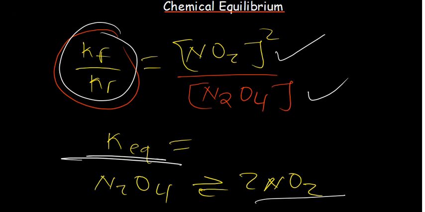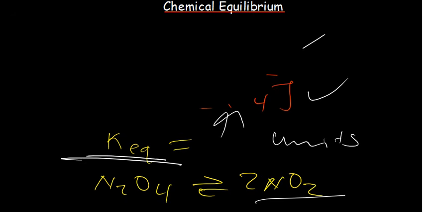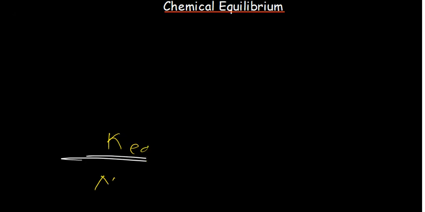Of course, we've said K doesn't have units, and K is determined using concentrations of your reactants and products only at equilibrium. Take note of that. Don't use the initial concentrations, only use the concentrations at equilibrium. That's why before the end of this video, we need to understand how to find the equilibrium concentrations when we are given the initial concentrations, because at the start of the experiment, the rates of the forward and backward reactions may not be the same.